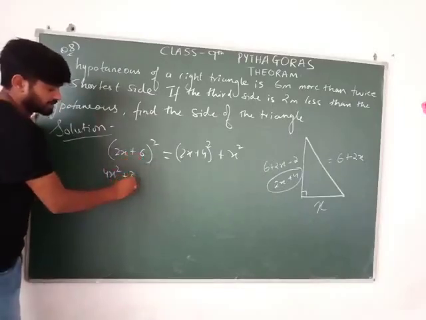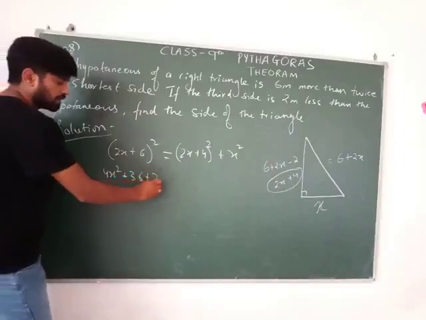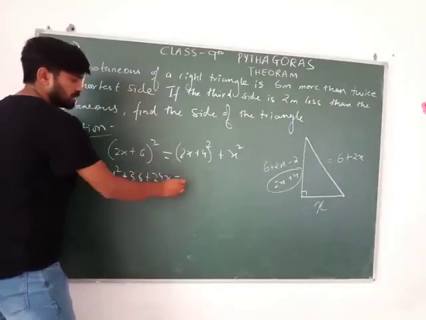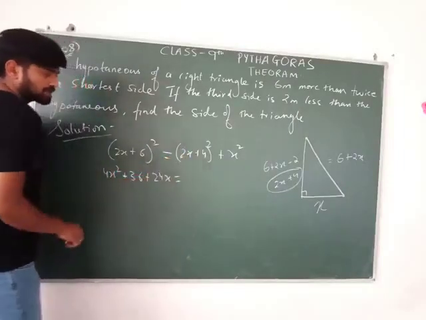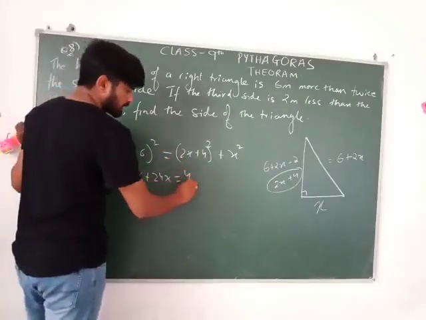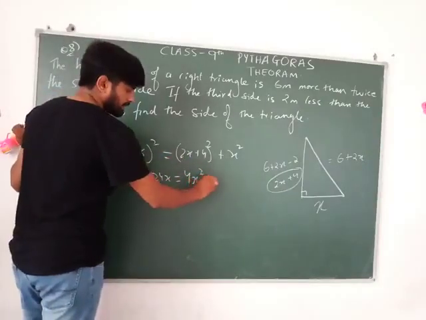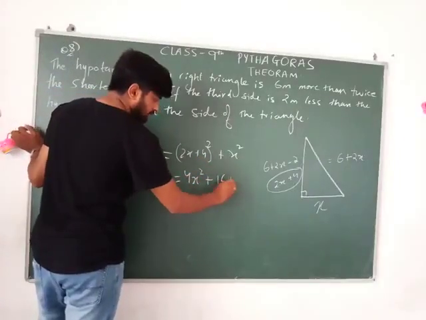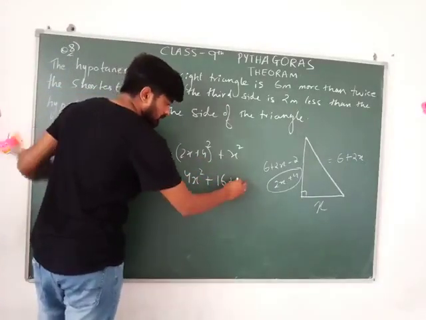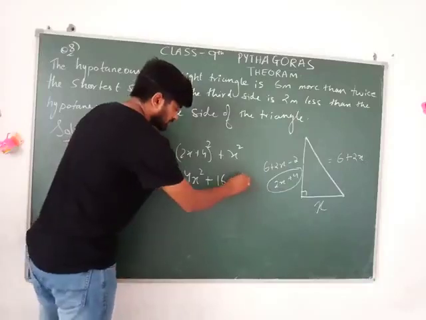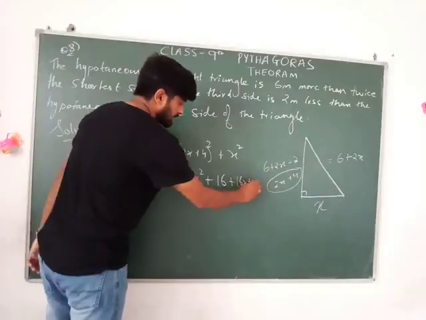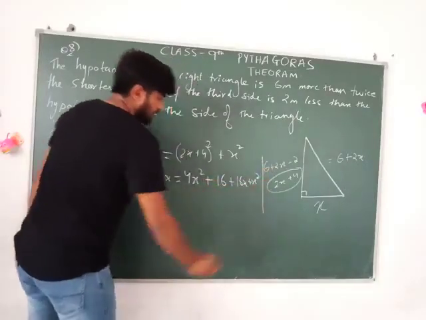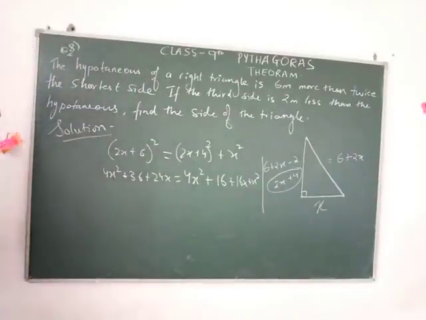Then 6 sixes are 36 plus 24x equals, how much is this going to be? This is going to be 4x square plus 4 fours are 16 and 4 twos are 8, 2 eights are 16x plus x square. Okay, so this is the value I got right now.